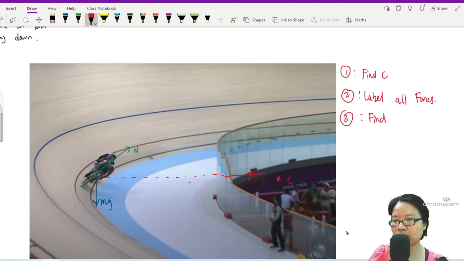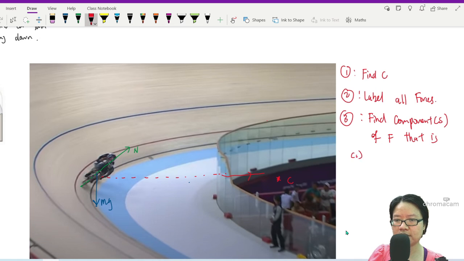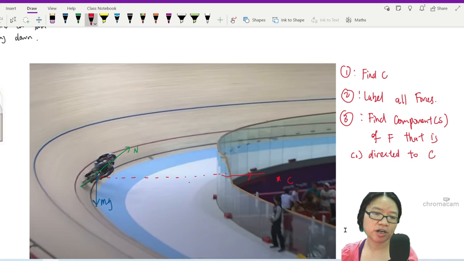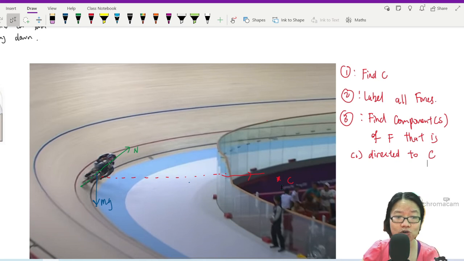Find component, or components could be more than one, of force that is directed to the center of circle. So this is why the first step is to find the direction of the center of the circle. It is the North Star of your drawing.